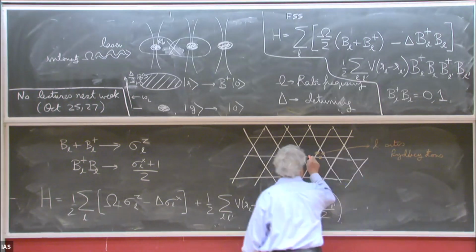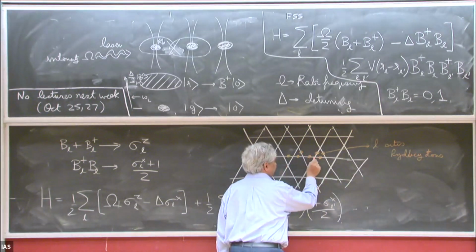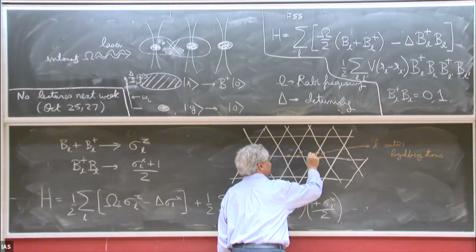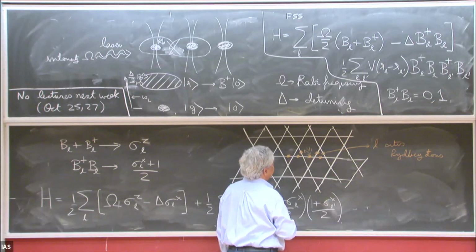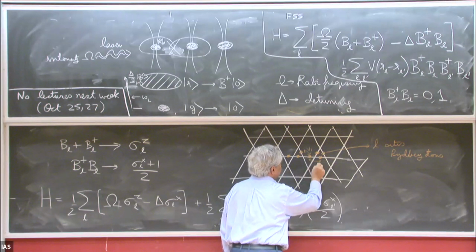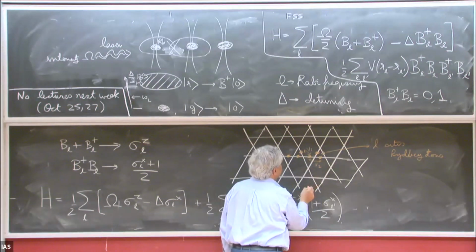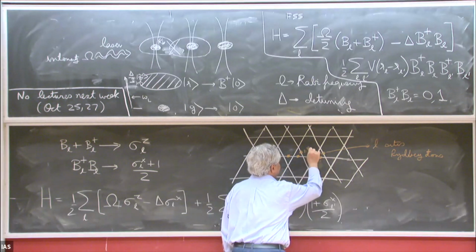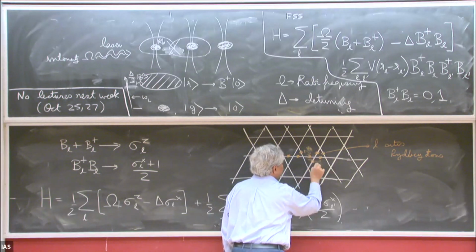So if I put a Rydberg atom here, it's big enough so that this interaction, which I call V1, that's the first neighbor. Sorry. No, this is the first, excuse me. That's the second neighbor. This is the first neighbor. This is V1, and that's V3.